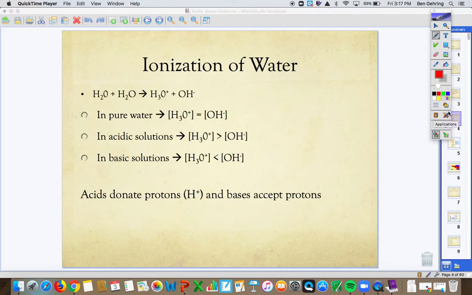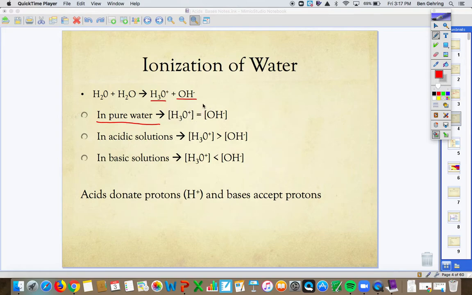Again, we're going to talk about water, and that when water ionizes, H2O plus H2O, we get this hydronium here, and we get a hydroxide. This is going to be the telltale sign between whether I have an acid, a base, or a neutral substance. This is the only difference between those substances as far as reactions are concerned. So in pure water, pure being distilled, not tap water, we have our concentration of hydronium.